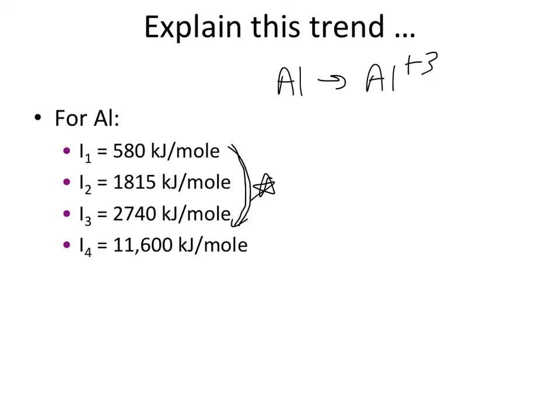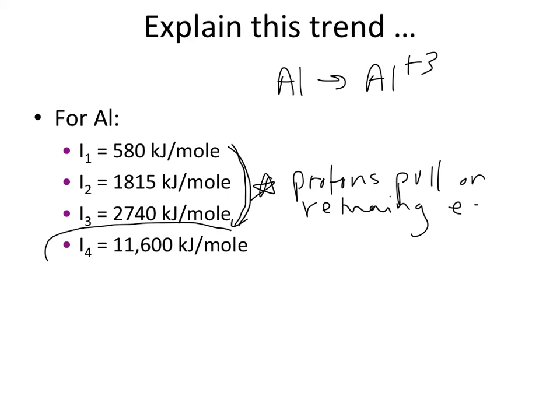We expect this because the protons pull on remaining electrons. So this is logical. Now, this huge jump that we see here when we go to remove that 4th electron is being caused because we are trying to remove core electrons.